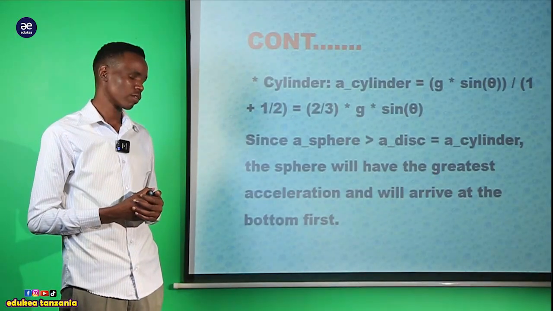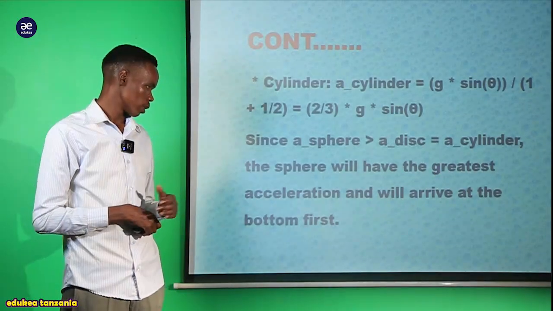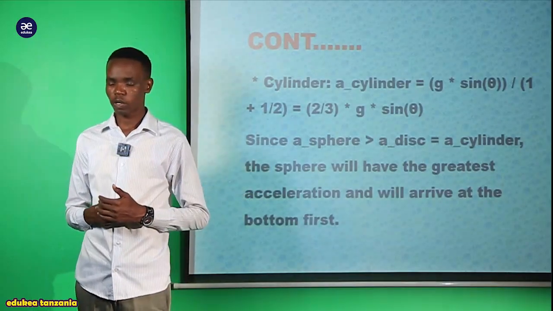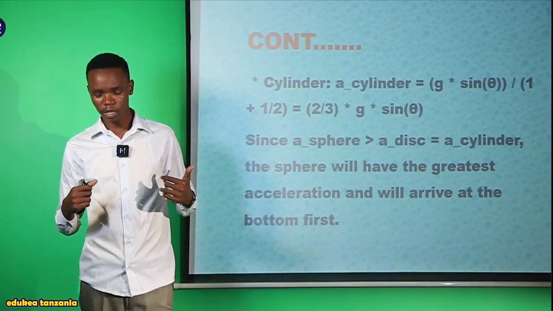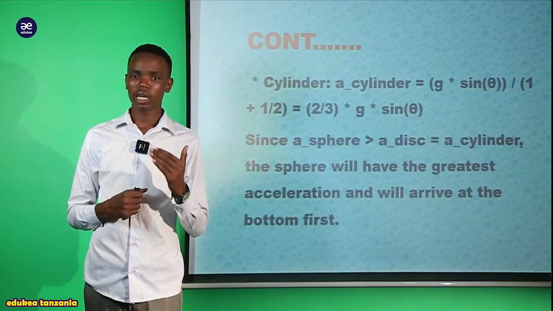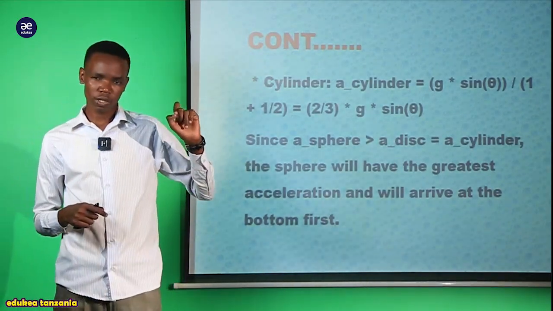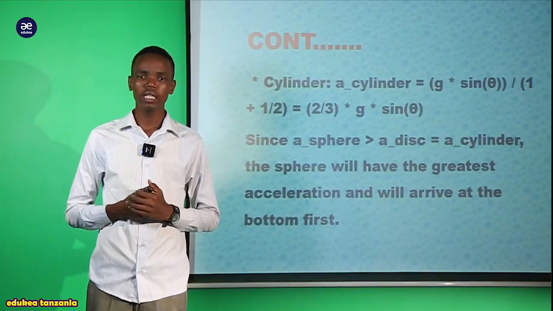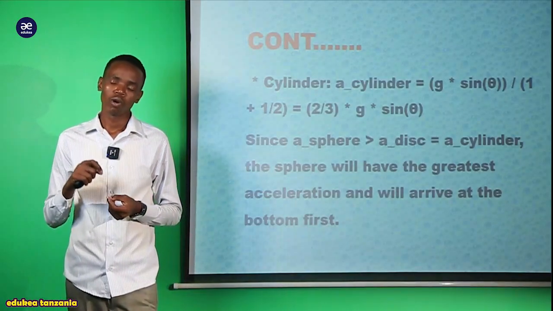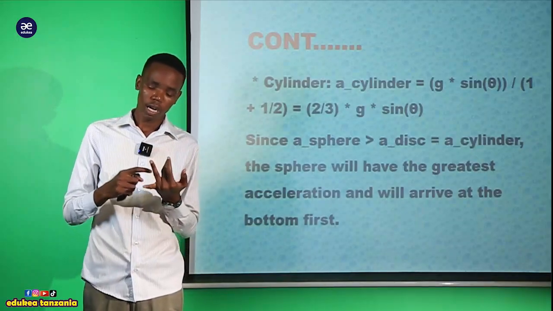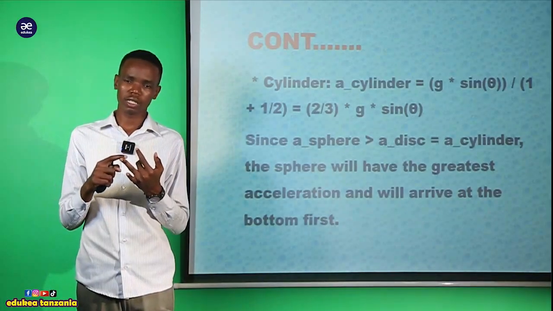It will arrive at the bottom first, because after finding the linear acceleration, we observed that the solid sphere has a linear acceleration greater than that of the cylinder and also of the disk.